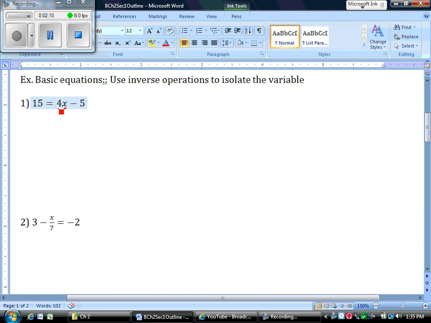There's nothing to simplify, so we can start by getting rid of the minus 5. Remember, you want to do the reverse of the order of operations, which means we're starting with addition and subtraction first, then the multiplication and division. That's one of the biggest mistakes I've seen out of you guys doing this, is not knowing what order to get rid of things. Get rid of addition and subtraction first.